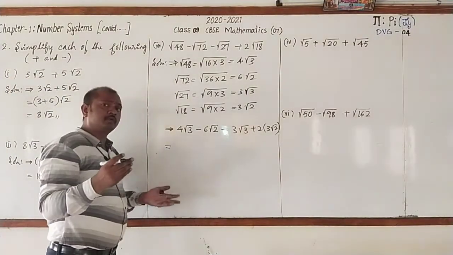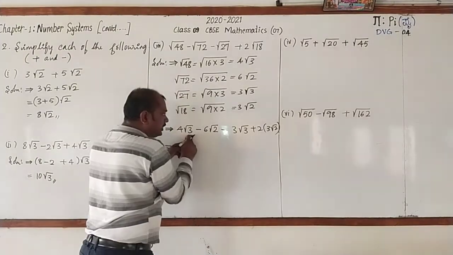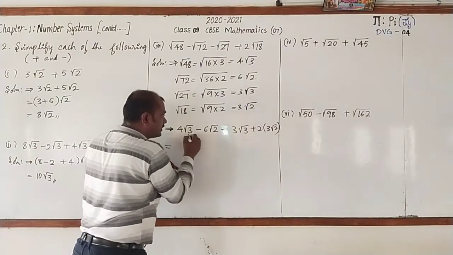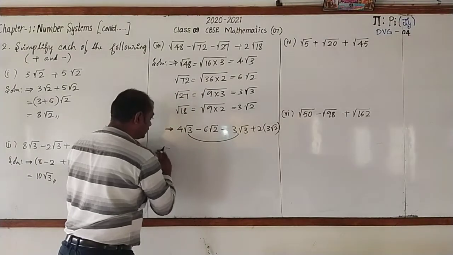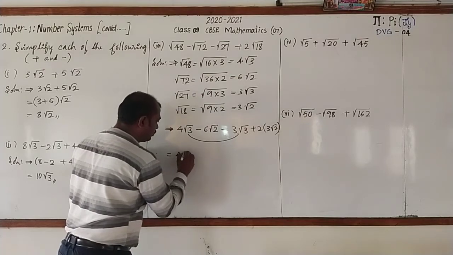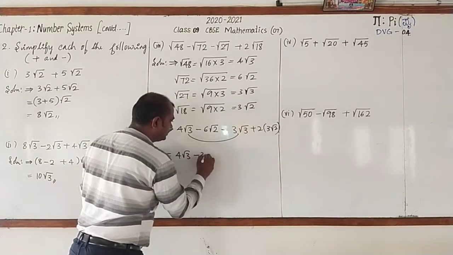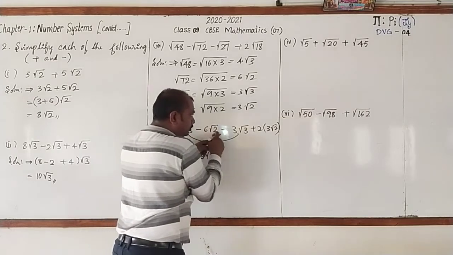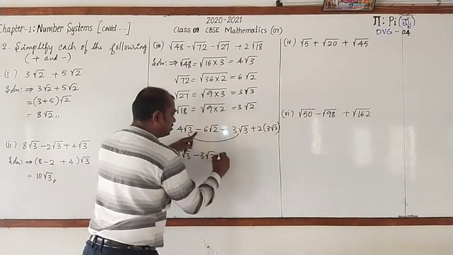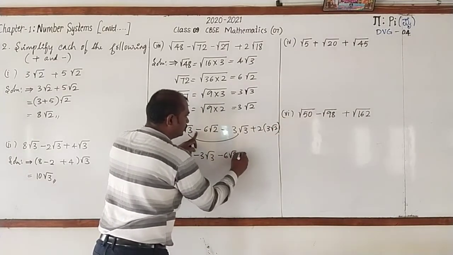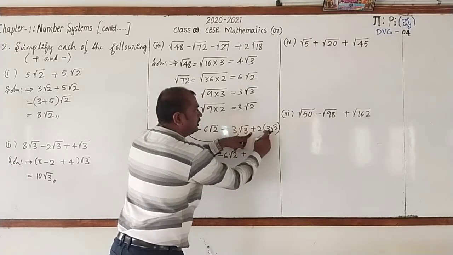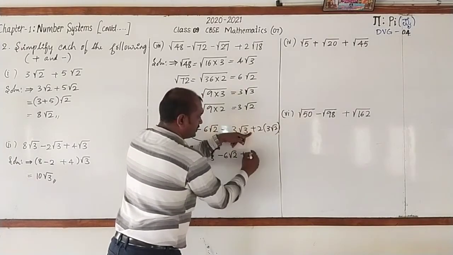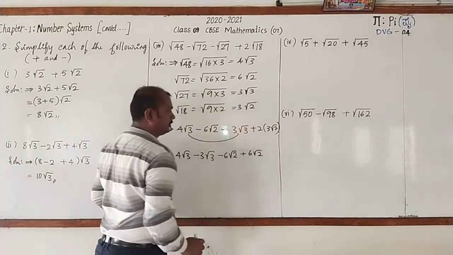Now I group them. Here root 3 is there, here root 3 is there. Let us take these two together: 4 root 3 minus 3 root 3. Here root 2 and here also root 2: minus 6 root 2 plus, here you can multiply, 2 3s are 6 root 2.